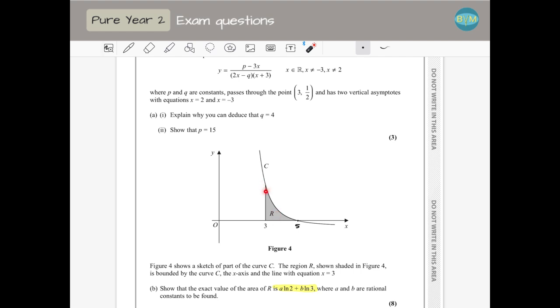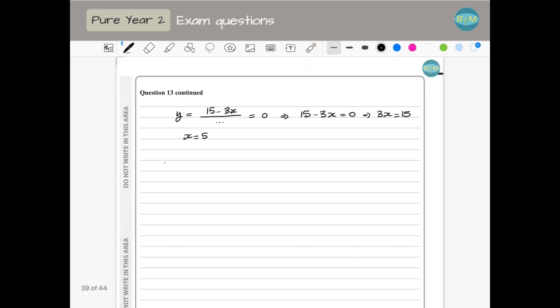So to find this area, we are going to integrate our function between 3 and 5. The area is going to be the integral between 3 and 5 of 15 minus 3x over 2x minus 4, because q was 4, times x plus 3.